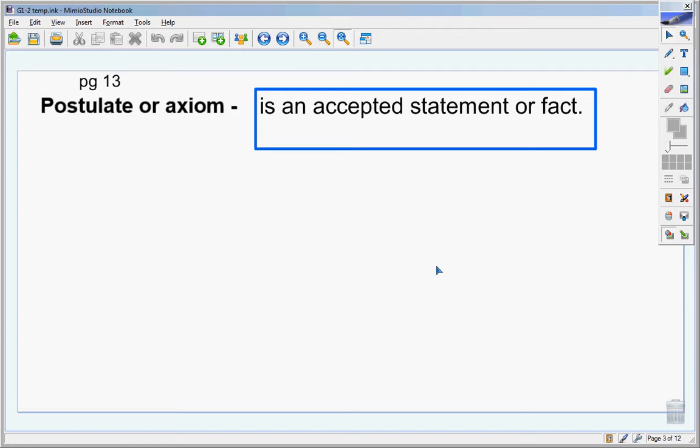You've got to learn how to write and speak in terms of geometry. It's a little different. So we're going to talk about some definitions and some postulates, some axioms that you may or may not have seen before. And you have to accept that a postulate or axiom is accepted as a statement or fact.